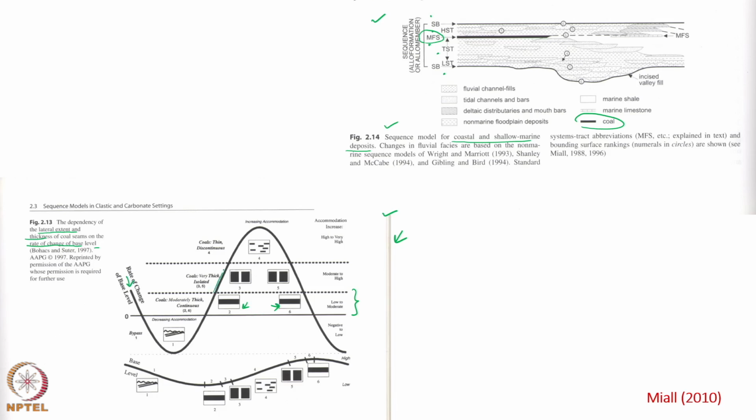As we move to this domain, or after going up and then coming down in this domain, we get very thick and isolated coal bodies, and within this part we get coal which is thin and discontinuous. So, the thickness of the coal unit and the continuity or the discontinuity of the coal body is related with the rate of change of the base level.